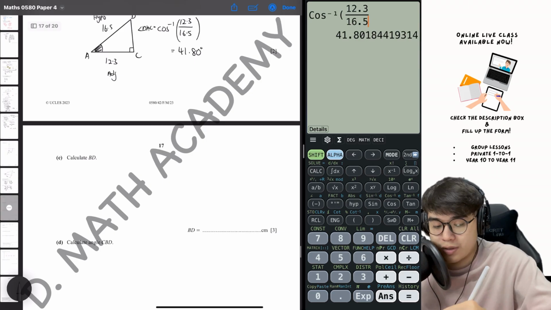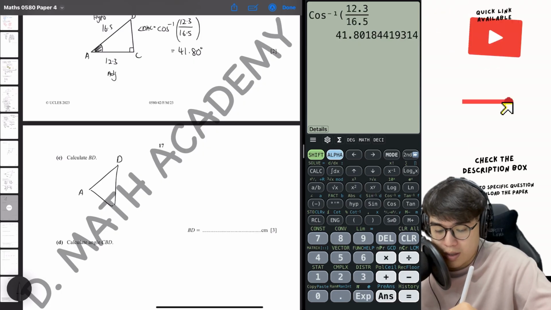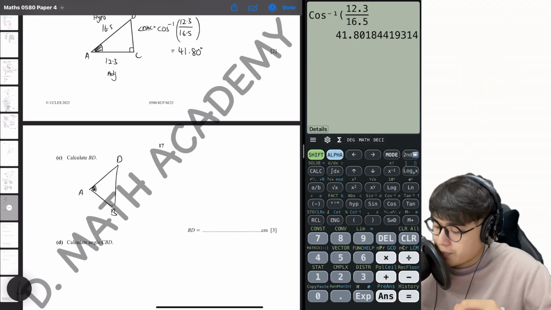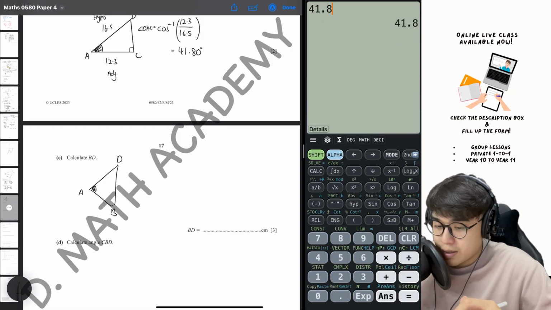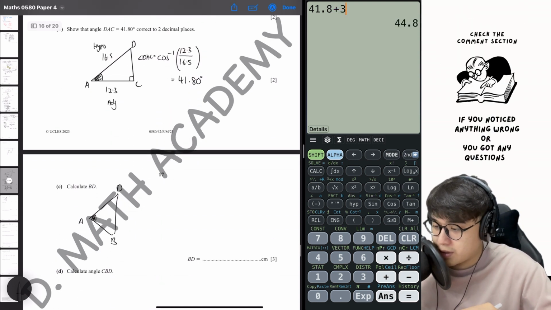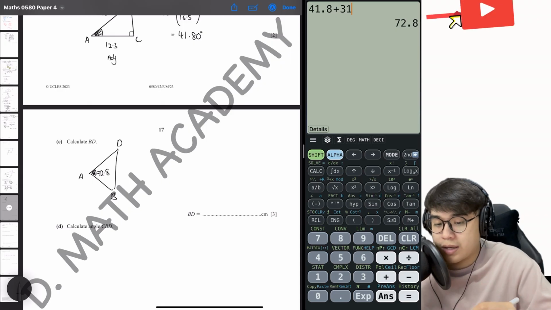I draw a triangle ADB. This angle at the middle will be 41.8 plus the 31 that was given. So we are dealing with 72.8.